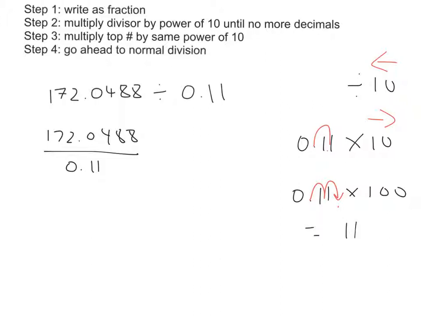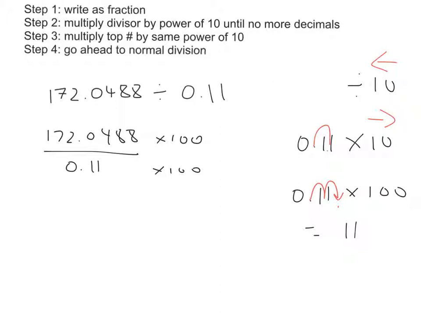Okay, so we're going to multiply this one down here by 100, and remember that step 3 says multiply top number by the same power of 10, which in this case is 100. So we're going to multiply it by the 100 for the top number. So let's rewrite this fraction now.